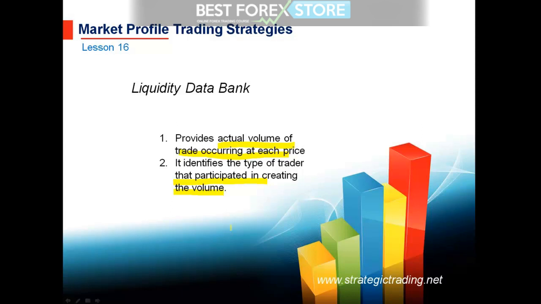For the instruments that are traded on the CME, you can get this data from the liquidity data bank. So they will identify for you who in fact is creating this volume. They'll help you with that first handicap.